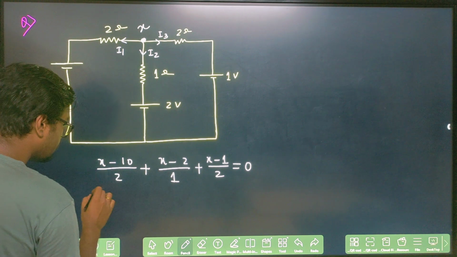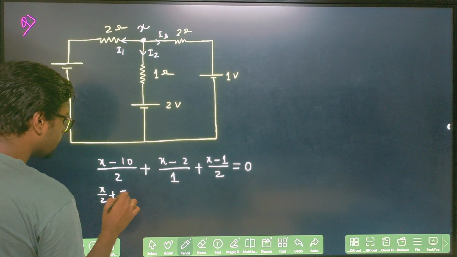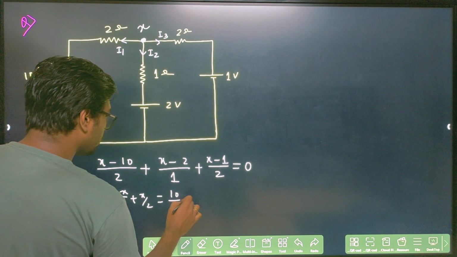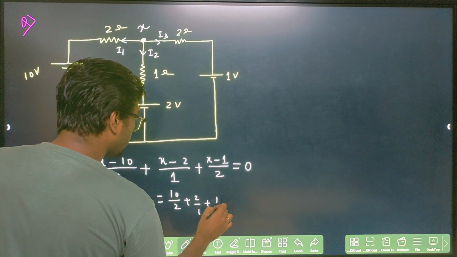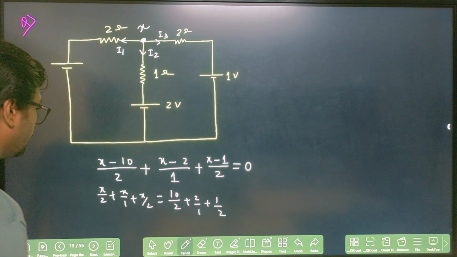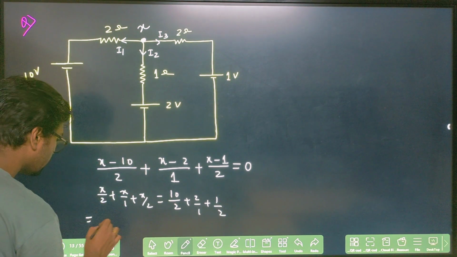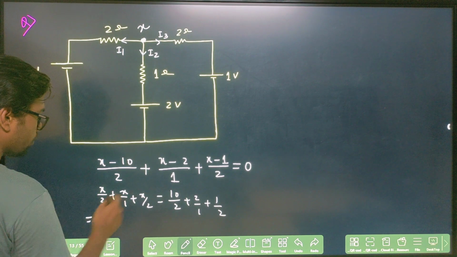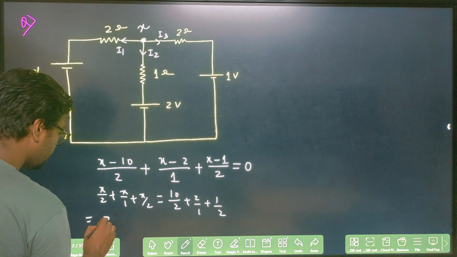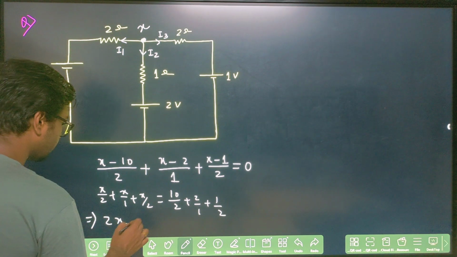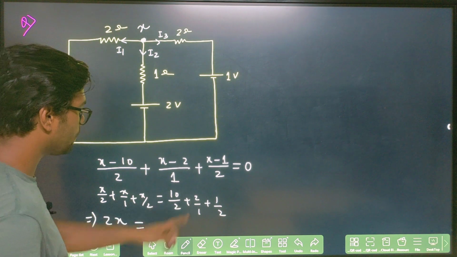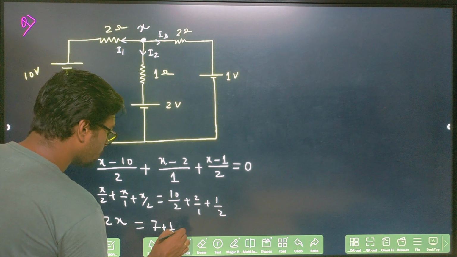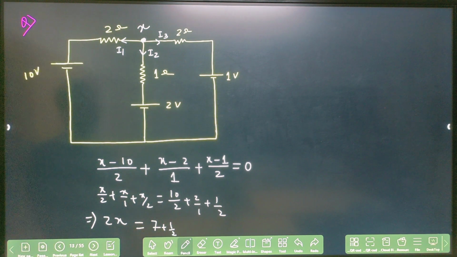So here you can say that this will be X by 2 plus X by 1 plus X by 2 is equal to 10 by 2 plus 2 by 1 plus 1 by 2. This thing you will get. So this will be 2x is equal to 5 plus 2 will be 7 plus 1 by 2, so 7 plus 1 by 2.